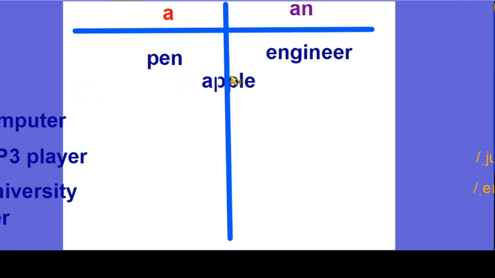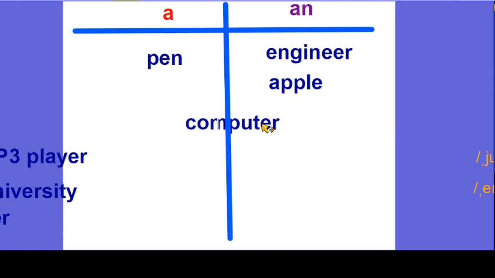So if you have apple, should you say a apple or an apple? You will say an apple because the first sound is a vowel sound, right? Now if you have computer, you'll say a computer because the first sound is a consonant sound, k, computer. Now, what many students confuse is the difference between sounds and letters.